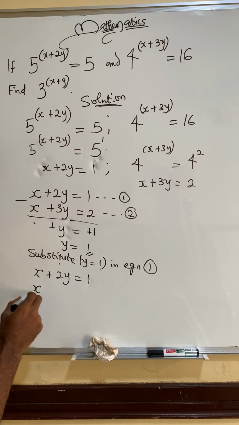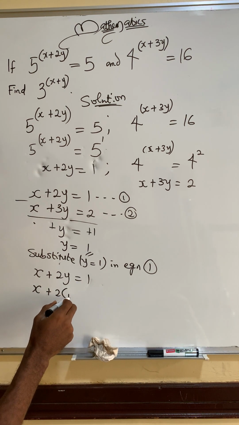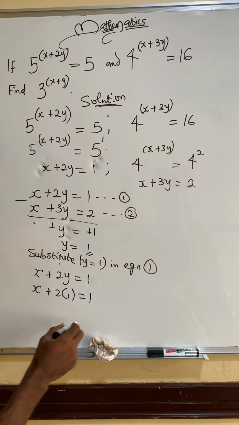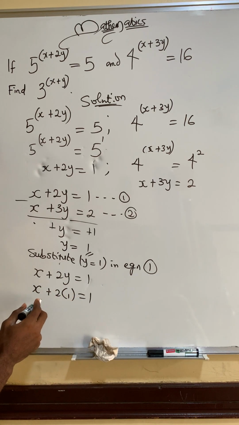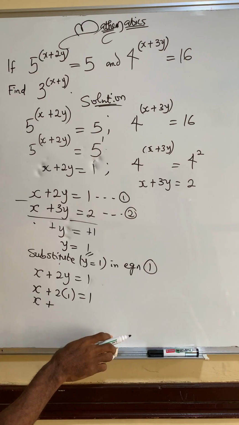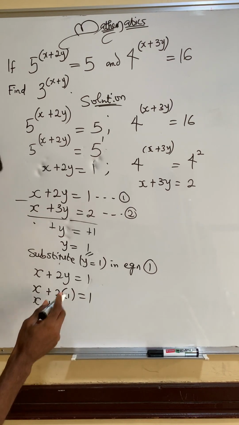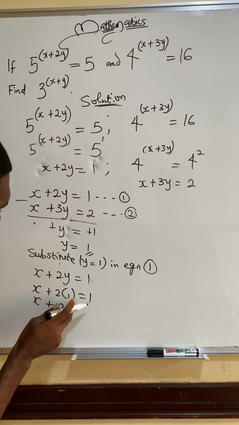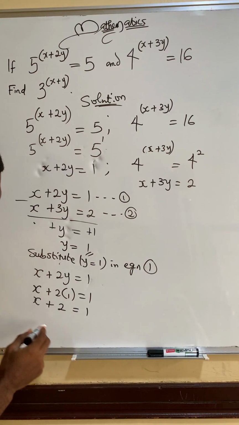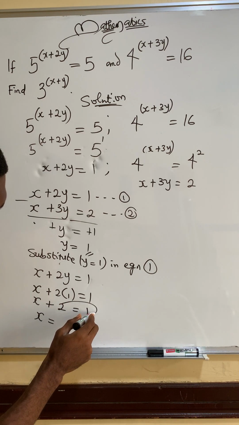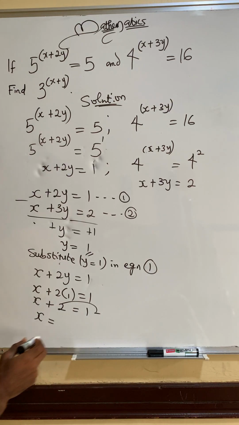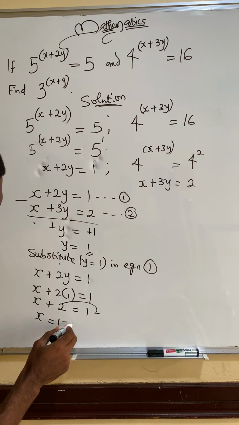And we have x plus 2 into bracket 1 is equal to 1 because our y is 1. So we have x plus 2, because 2 times 1 is 2, is equal to 1. So our x is equal to, this one crosses over and changes to minus. We have 1 minus 2.